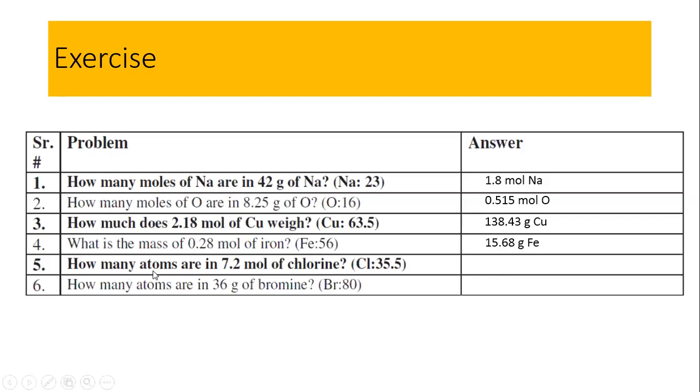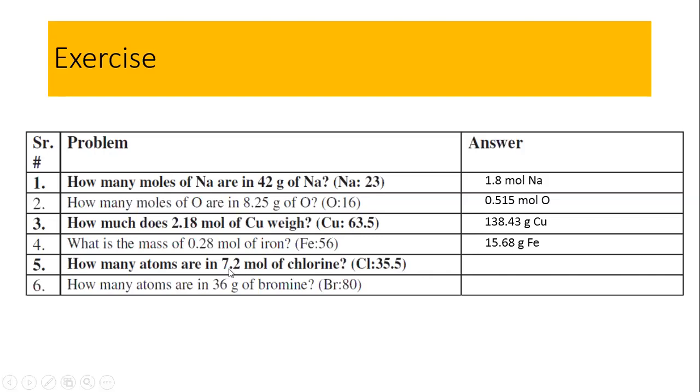Fifth example is how many atoms are there in 7.2 moles of chlorine, and this is the atomic mass unit of the chlorine. So again, the number of moles are given, and in this example, if the number of moles are given, then there is no need to use this atomic mass unit, because I have already given you the number of moles.